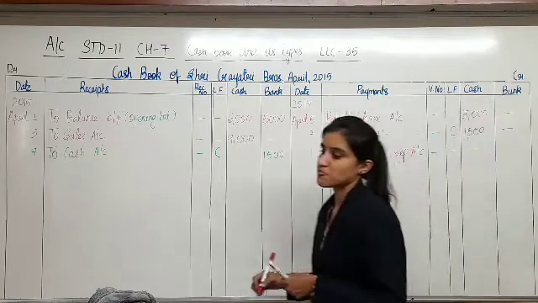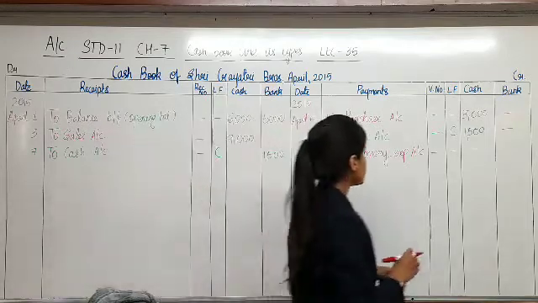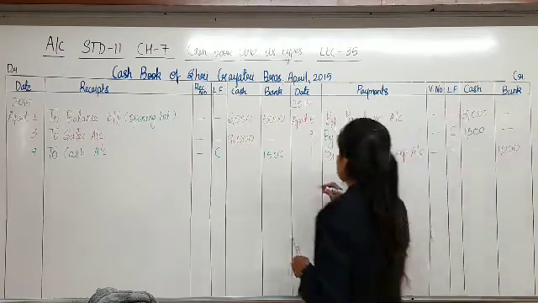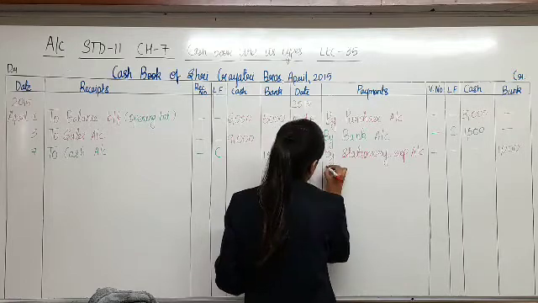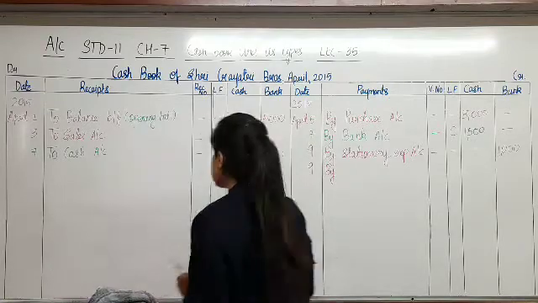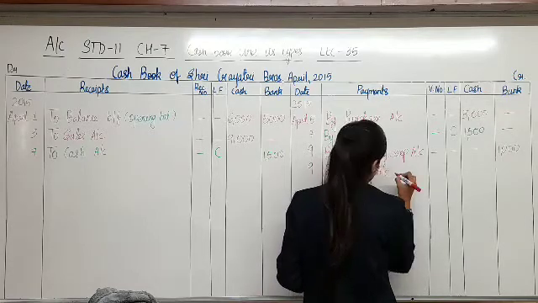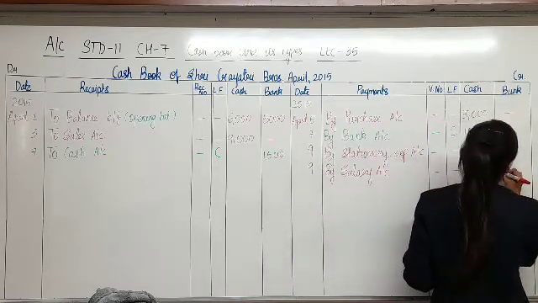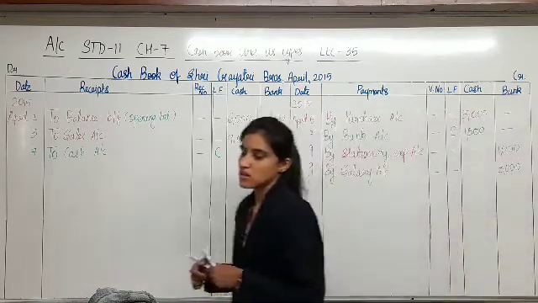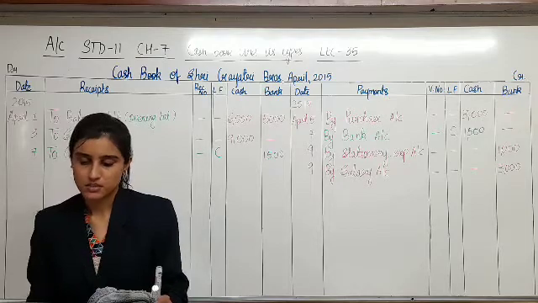So the amount in the column of bank, 1000 rupees. On the same date, what else is paid? Salary of rupees 3000. Clear? Next, rupees 1100 paid towards shop rent.